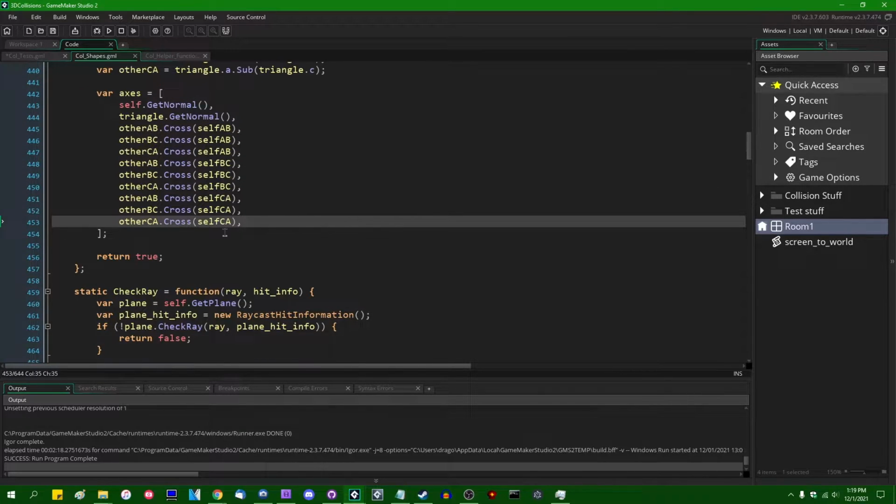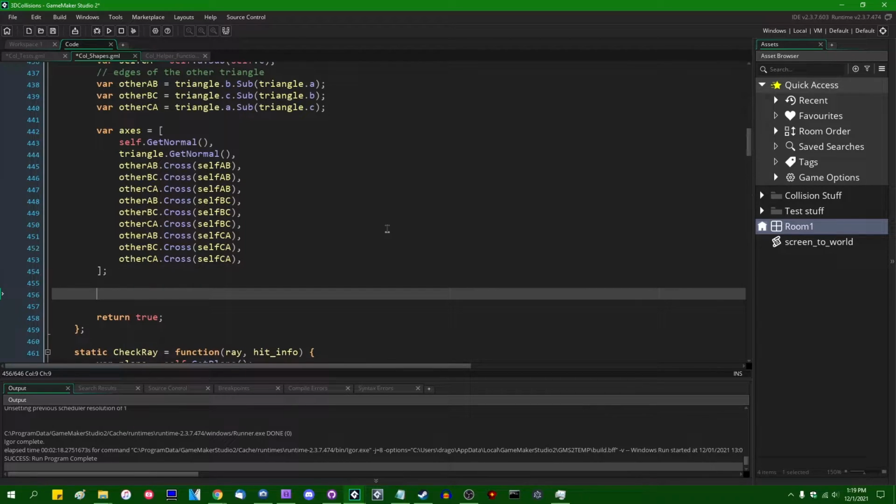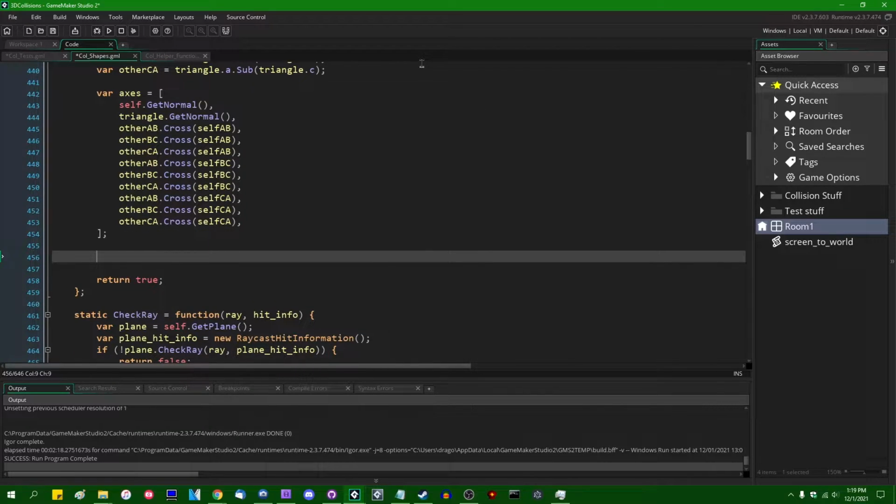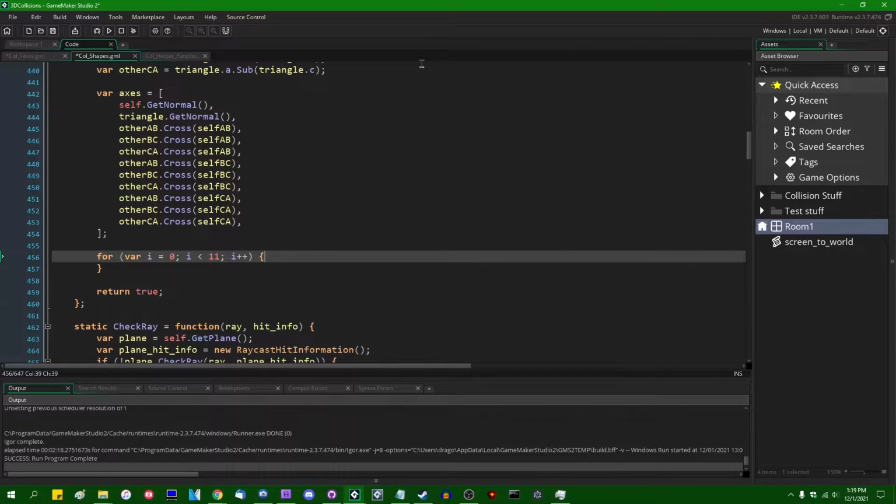And from here, we can just run the regular, good old-fashioned separated axis theorem. So we're going to say var I equals 0, I is less than 11, I plus plus.